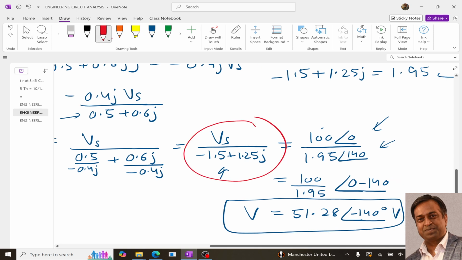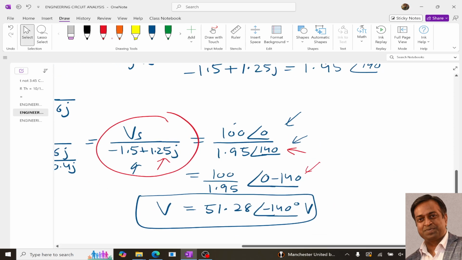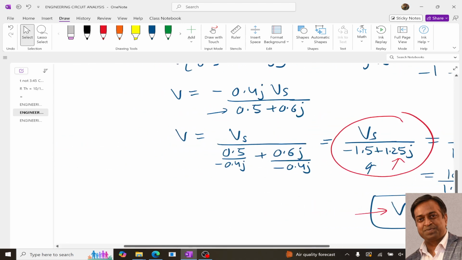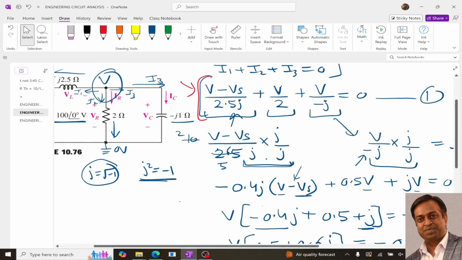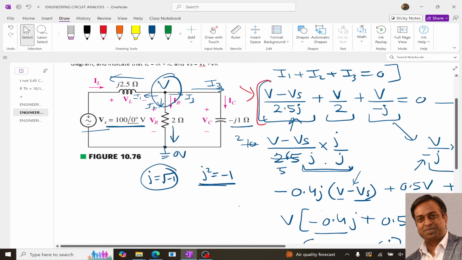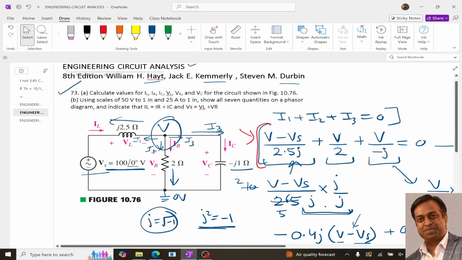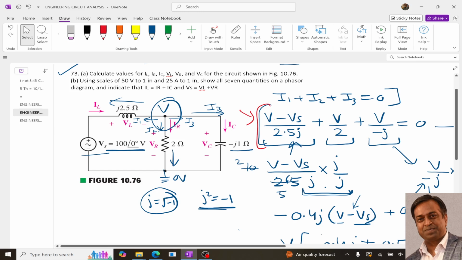From this we convert the denominator into polar form, and using the mathematics related to polar form, we get the expression for V. V is the node voltage. Now once we get V, we need to determine all the currents and all the voltages.